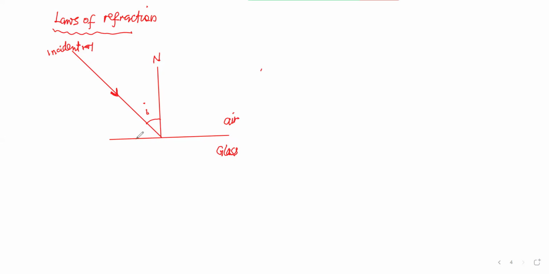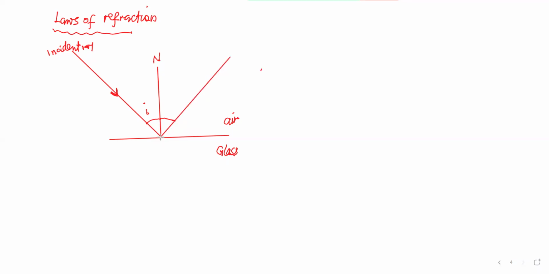So we have a weaker reflection and a stronger refraction if the denser material is such that it allows light to pass through it.